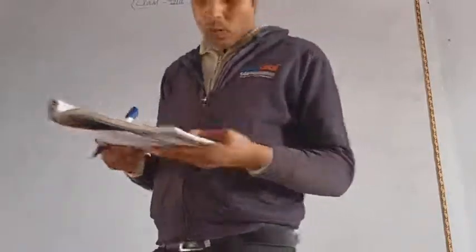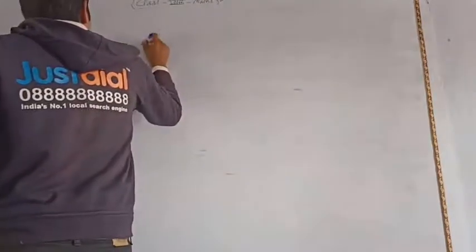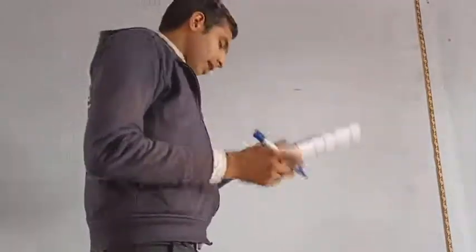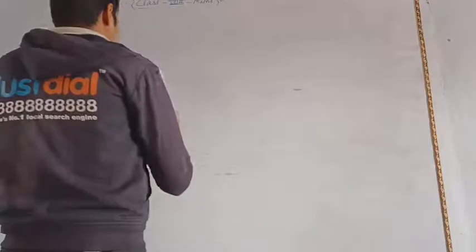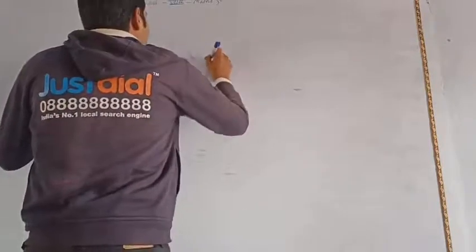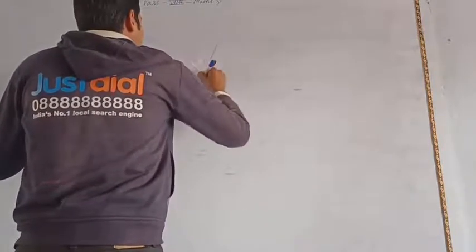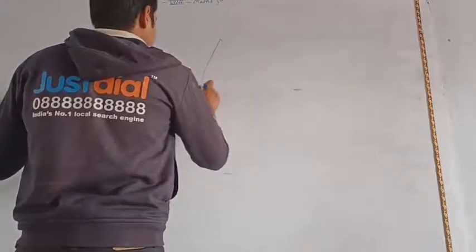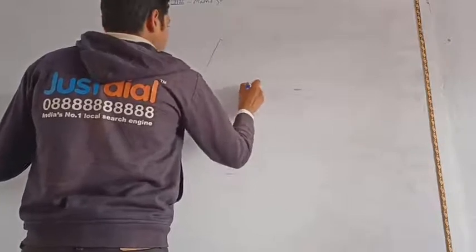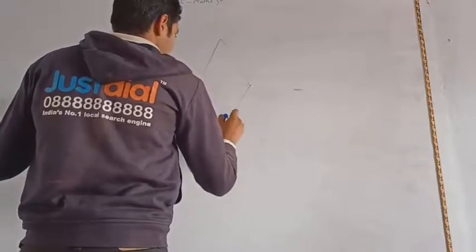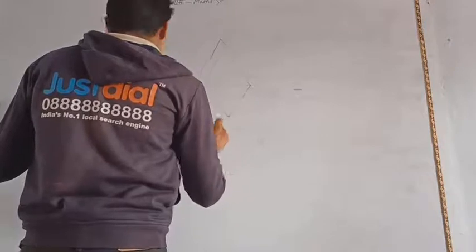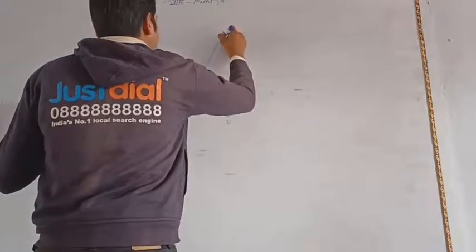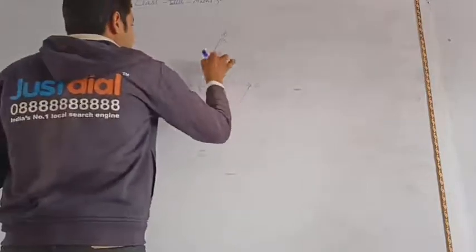Again, problem number 4. In problem number 4, given triangle ABC, AB is equal to BC. Here also a triangle is given. This is point B, this is A, this is C, and this is B. This side is equal to this side.